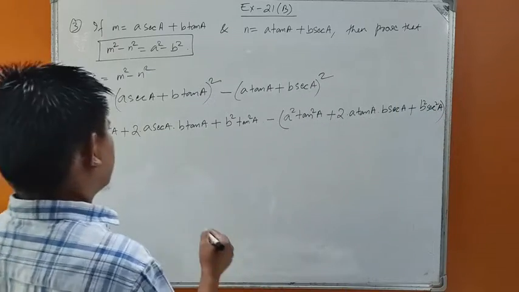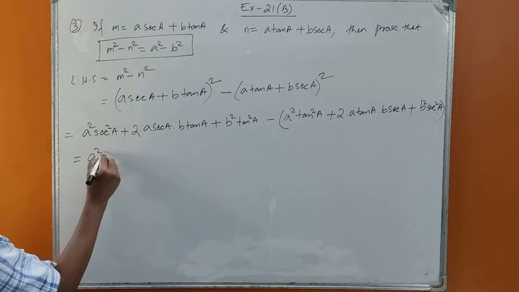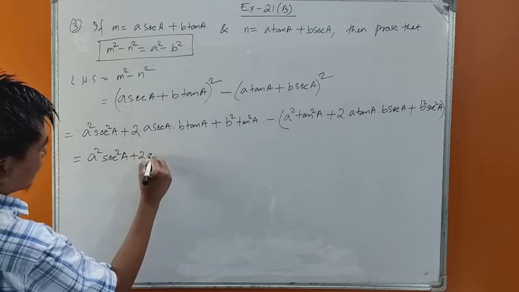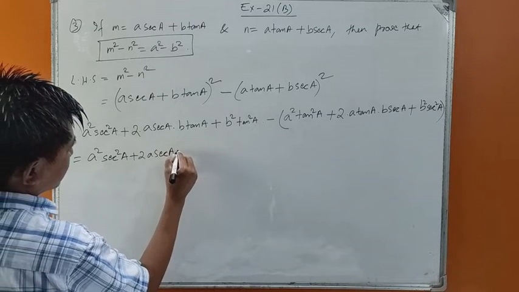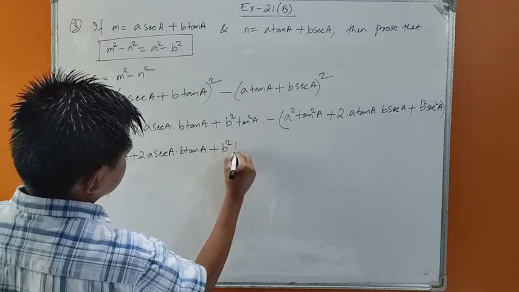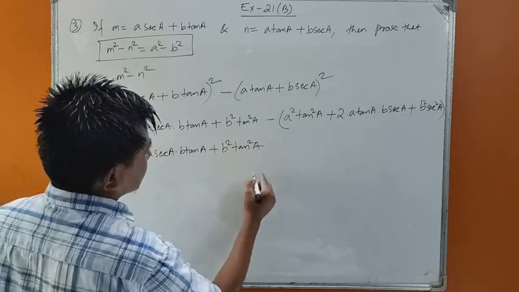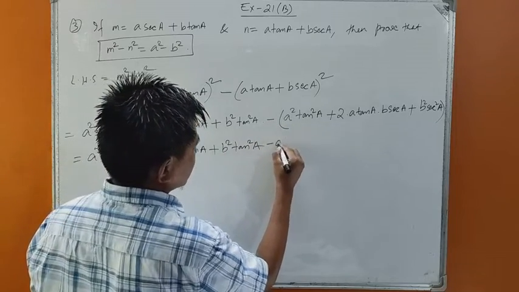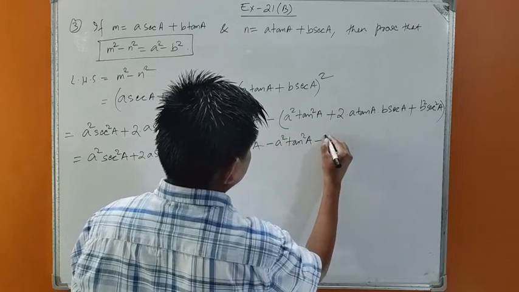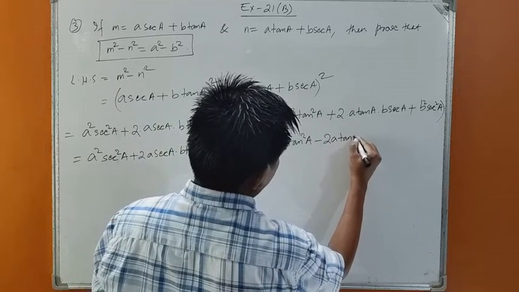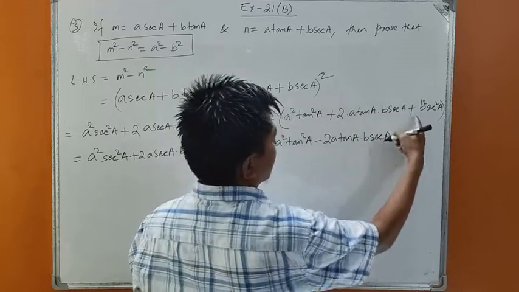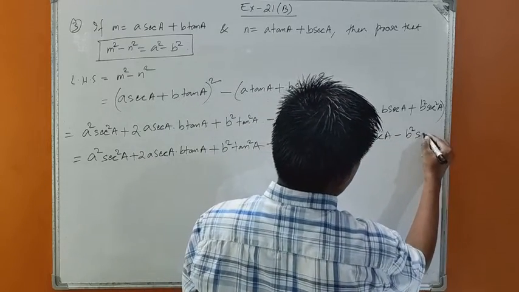So bracket close. Now a square sec square a plus 2a sec a dot b tan a plus b square tan square a, minus into plus is minus a square tan square a, minus into plus is minus 2a tan a b sec a, okay, minus into plus minus b square sec square a.